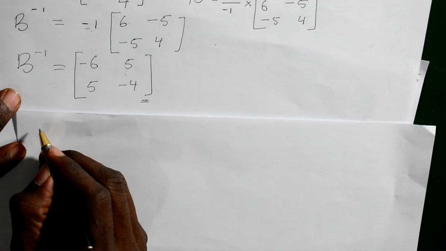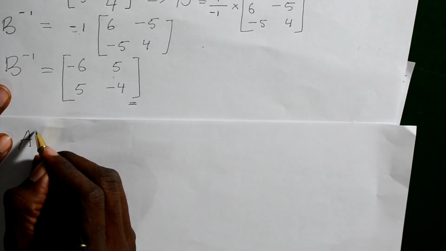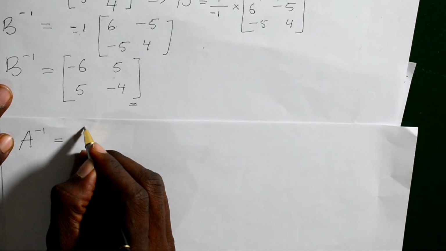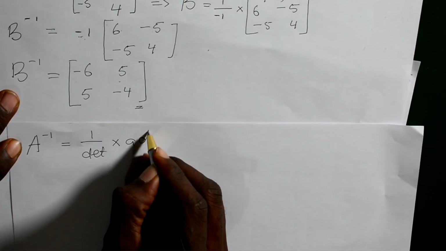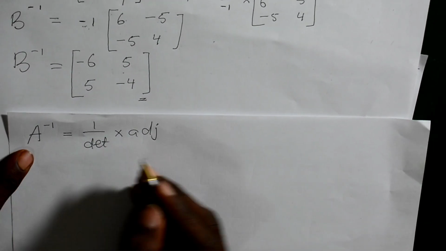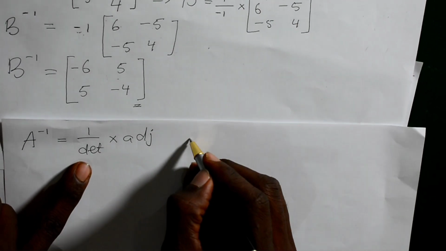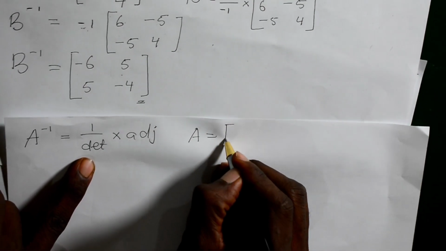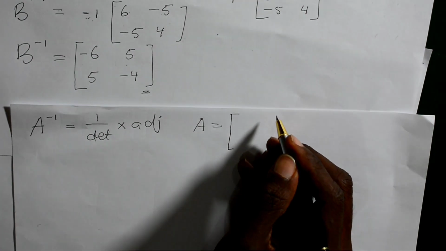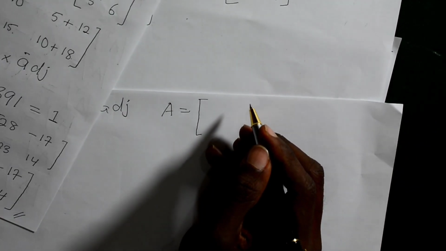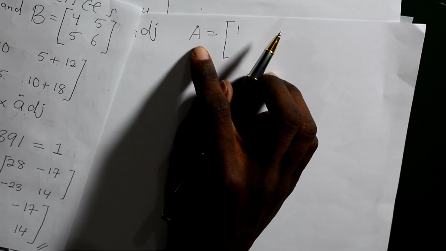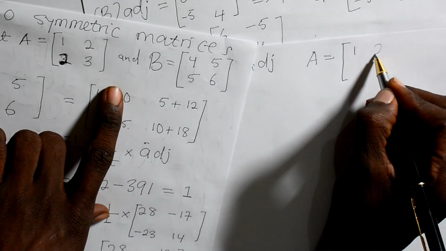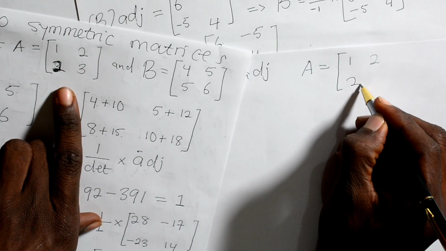Now for A inverse. This will be equal to 1 over the determinant times the adjoint of A. So first we find the determinant, then the adjoint. As we have opened the matrix A, we open it as 1, 2, 2, and 3.